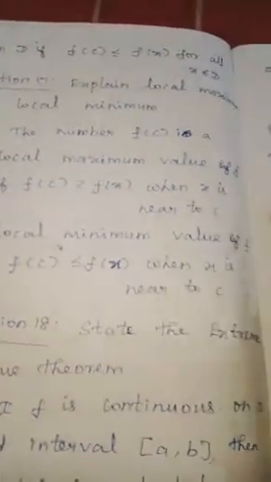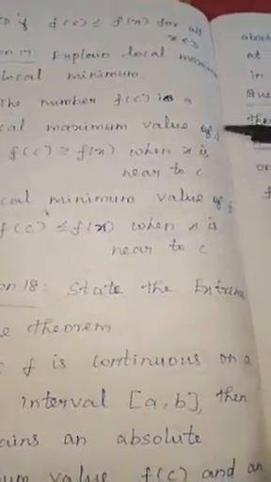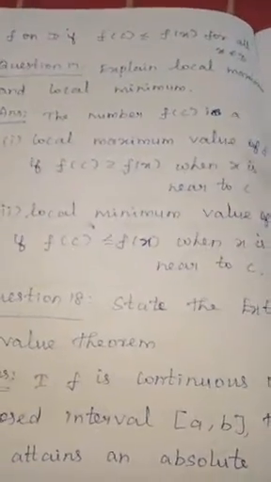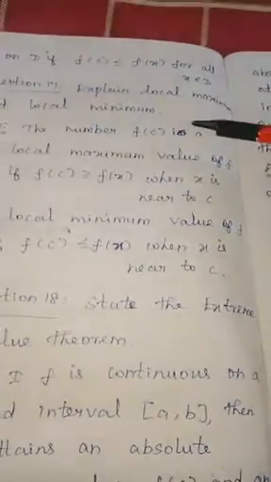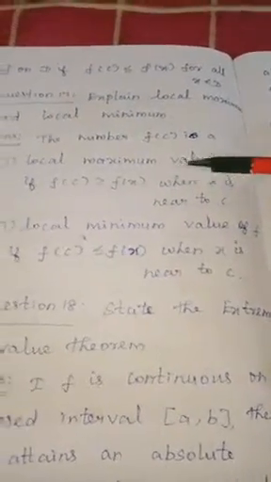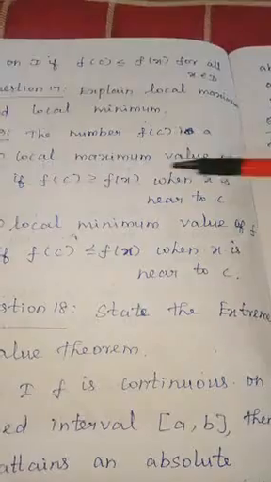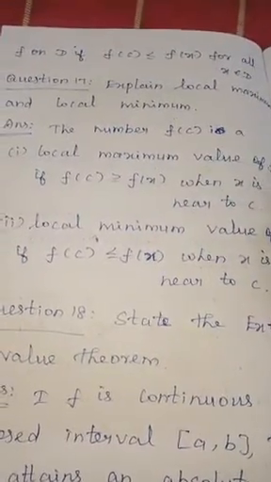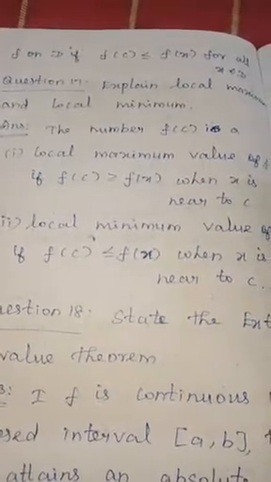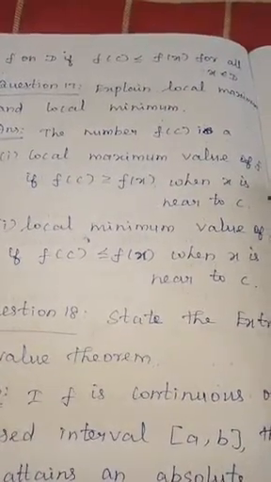Next question. Explain local maximum and local minimum. The number f(c) is a local maximum value of f if f(c) is greater than or equal to f(x) when x is near to c.